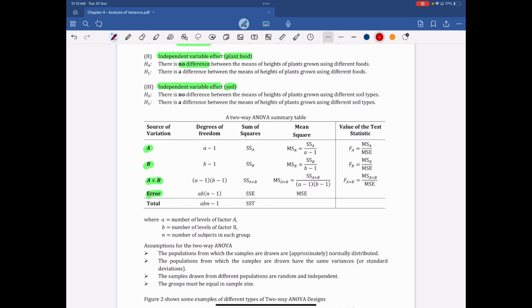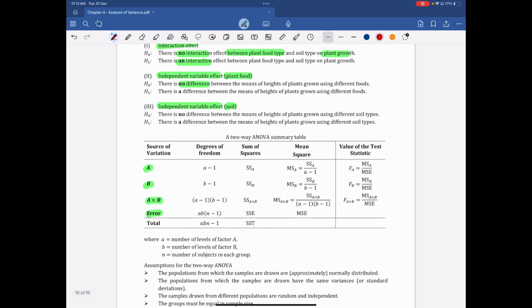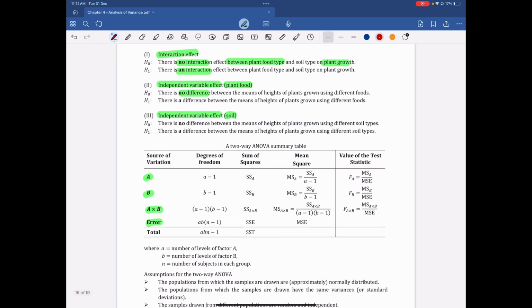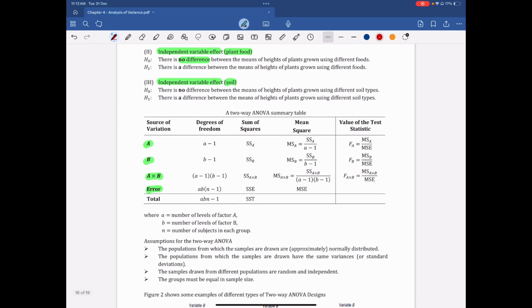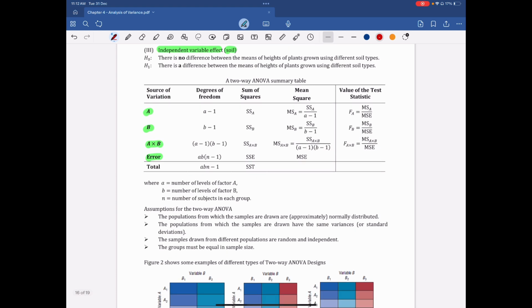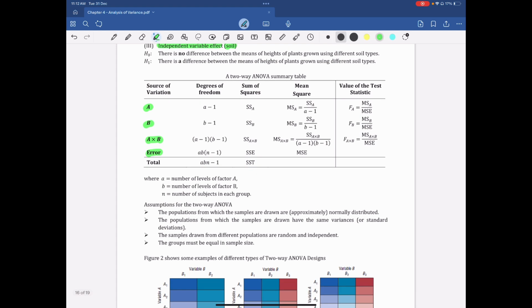In my example previously, we take a look at how many levels of each of your independent variables. A stands for the number of levels of factor A, B for the number of levels of factor B, and N for the number of subjects in each group.